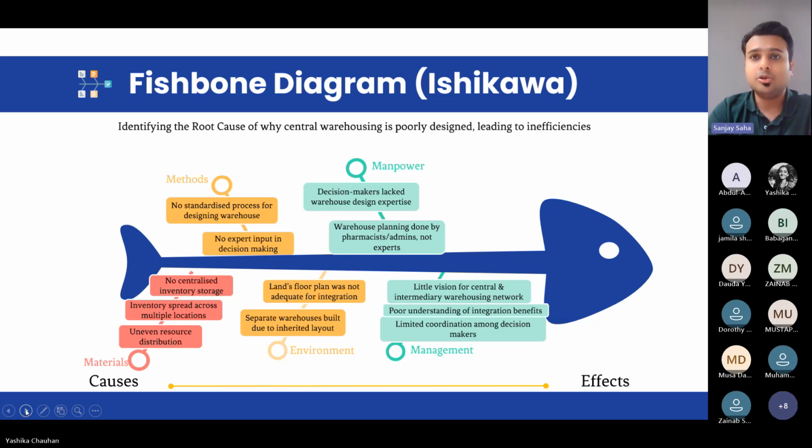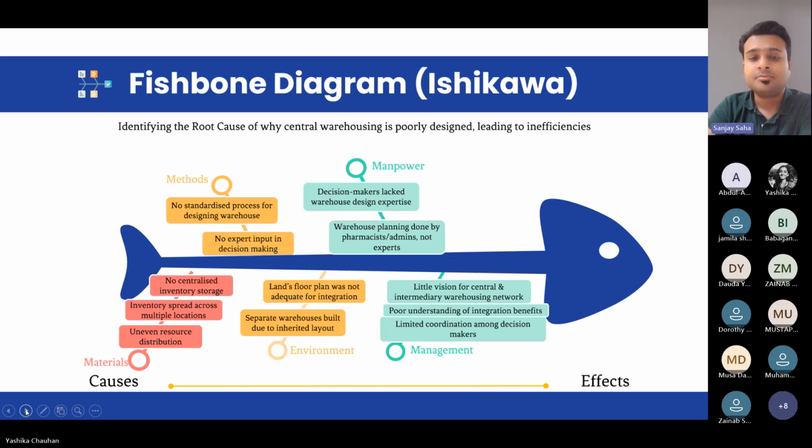To start a fishbone, you can list down all the causes that you can think of, and it could be many causes. Then you start to segment them. We have segmented the causes here already under 5 categories: manpower, management, environment, materials, and methods. You can have other categories as well.